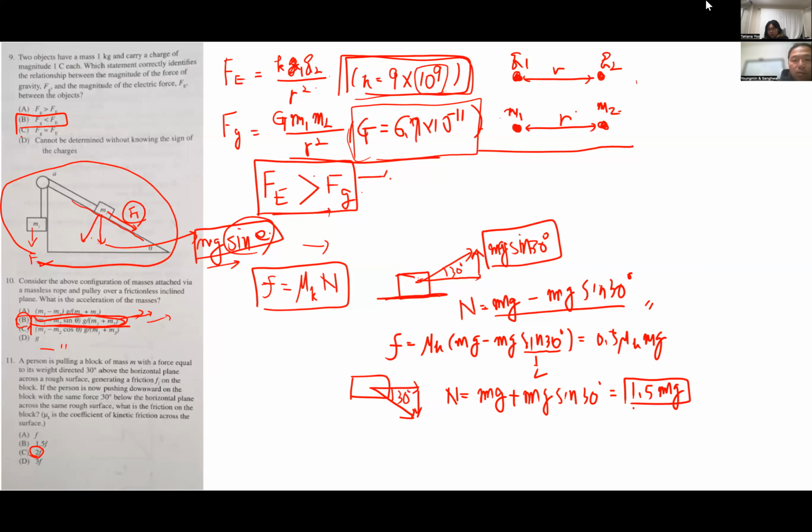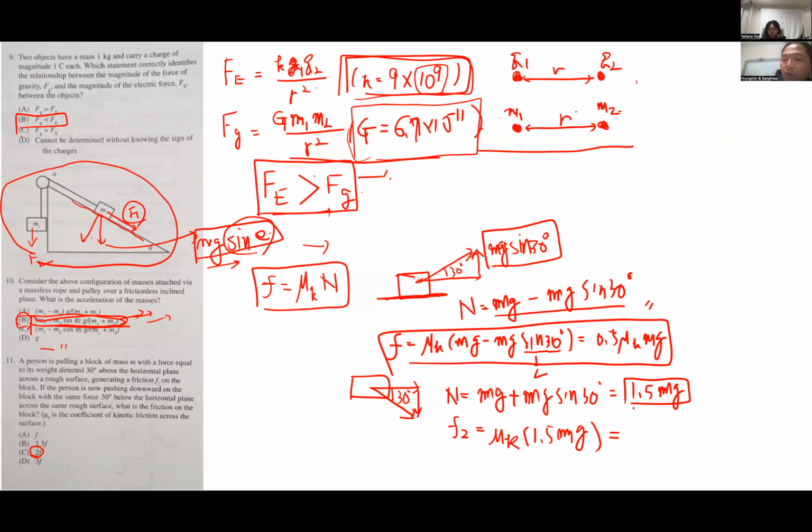So the frictional force with the external force applied at 30 degrees downward is mu k times 1.5 mg. So here, mu k from the first condition is F divided by 0.5 mg.